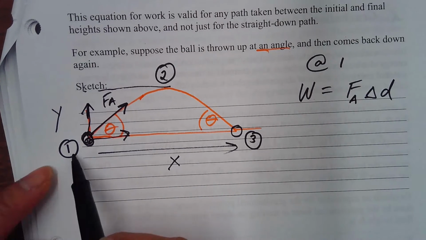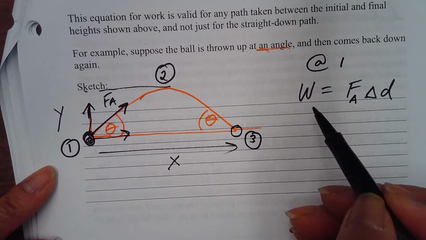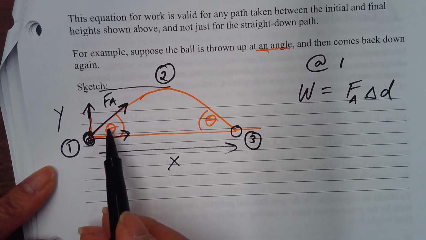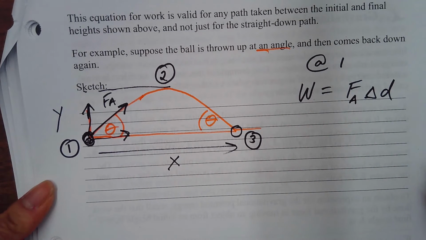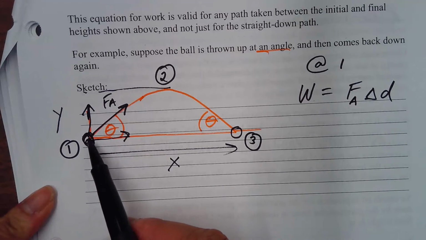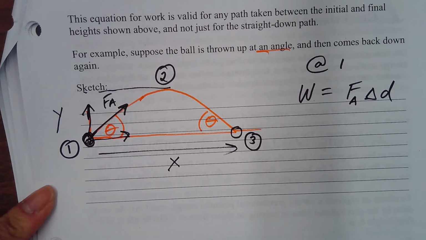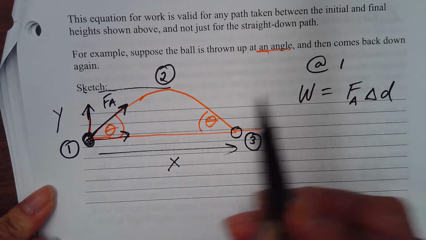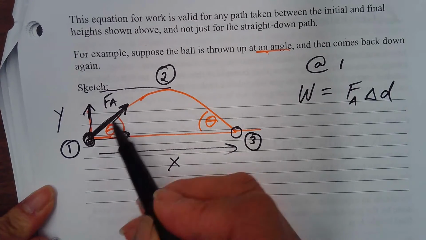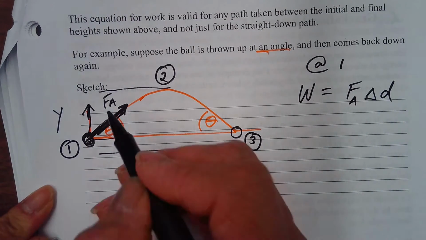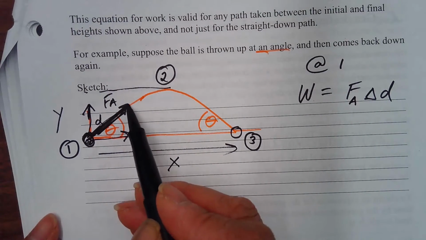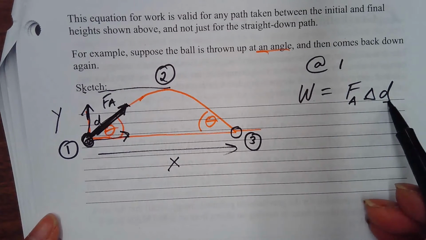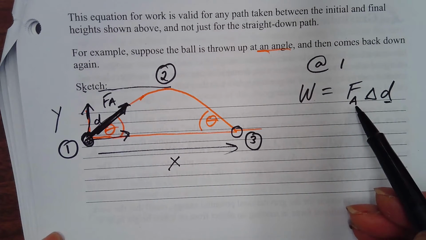Okay, so at point 1 right here, you could calculate the work done by the applied force, and how did the ball move? Well, the ball moved this way, right? So then you take a look at, well, what is the distance traveled right there? Whatever distance has been traveled by the ball, how much force did you apply?